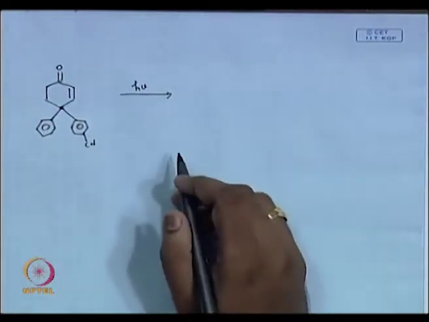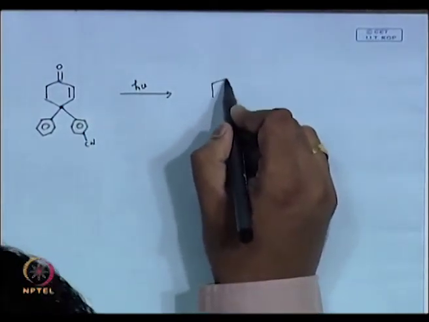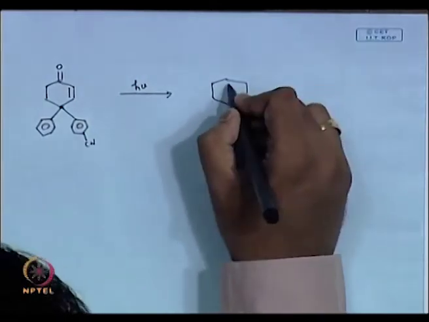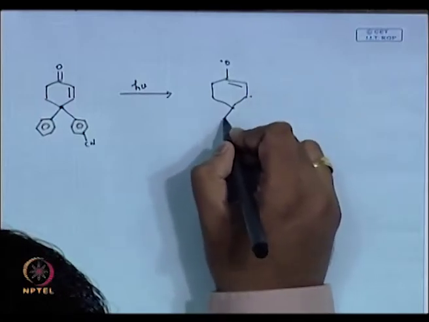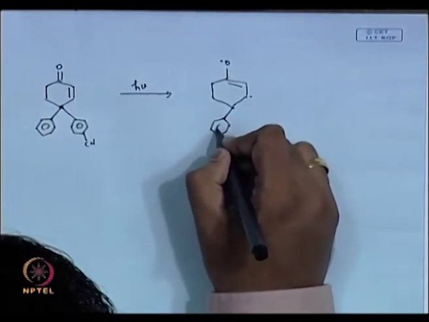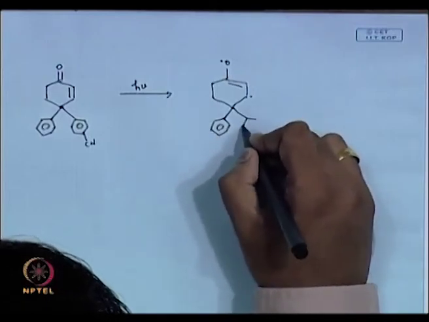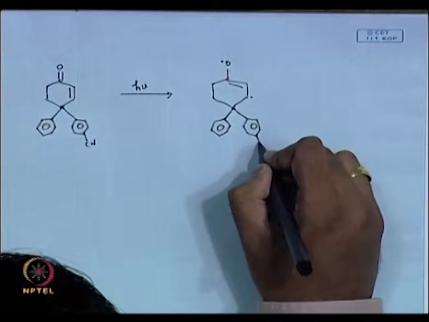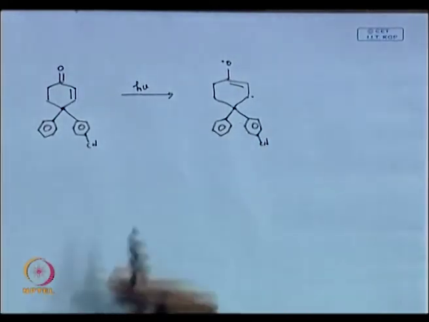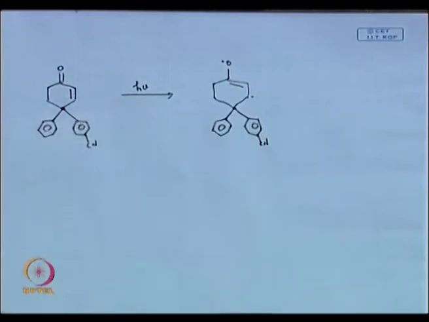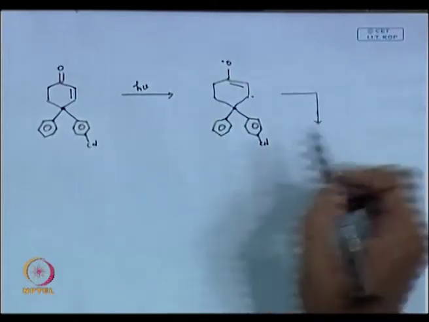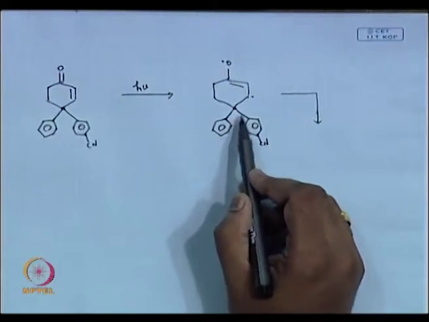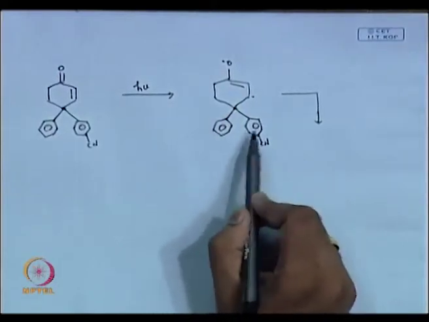In this case, I am taking 2 different phenyls. So you know up to this, right? It undergoes singlet, then intersystem crossing, then the equilibrium structure of this.